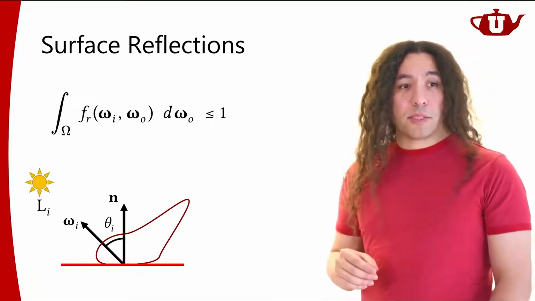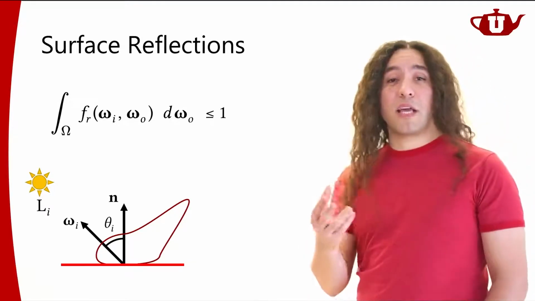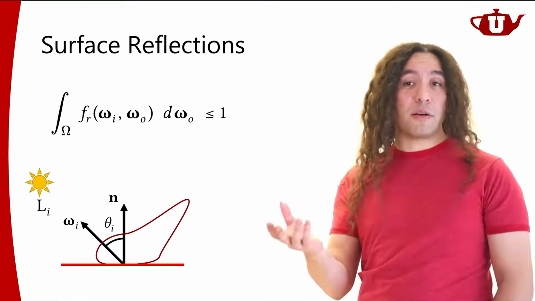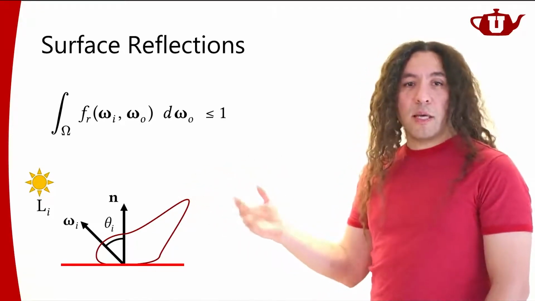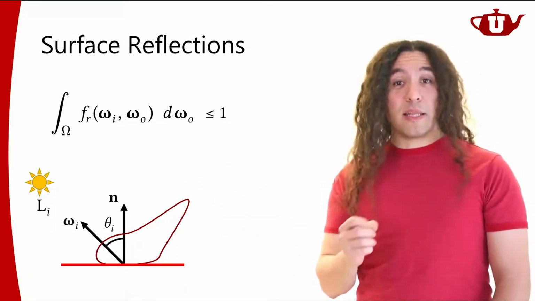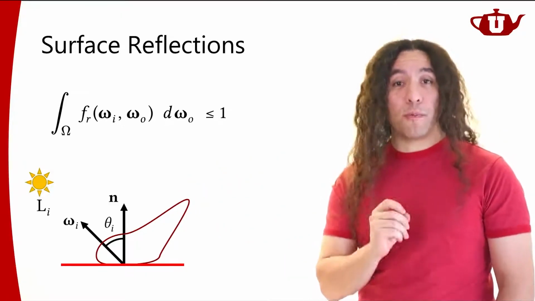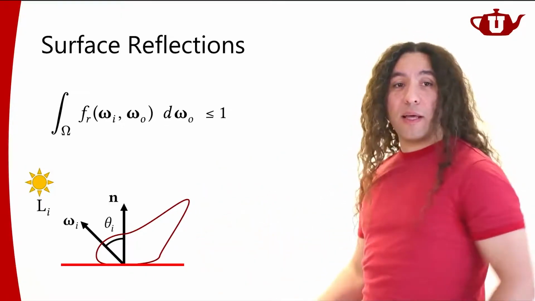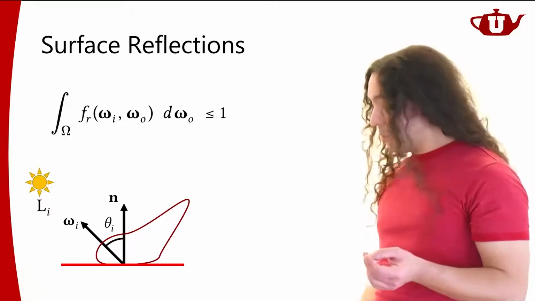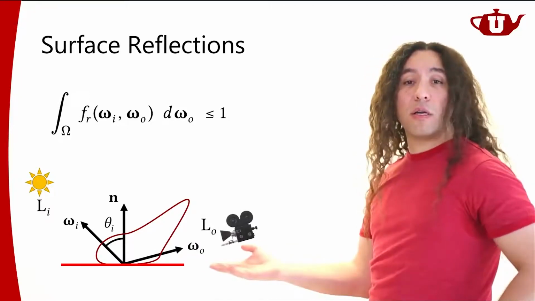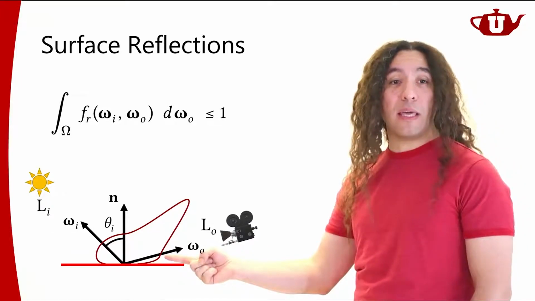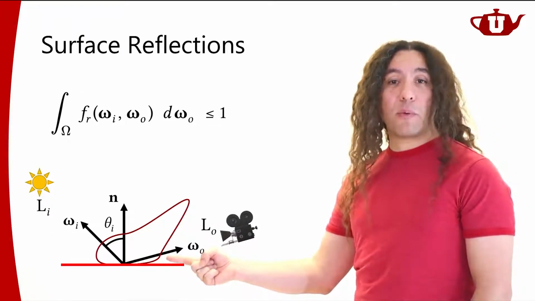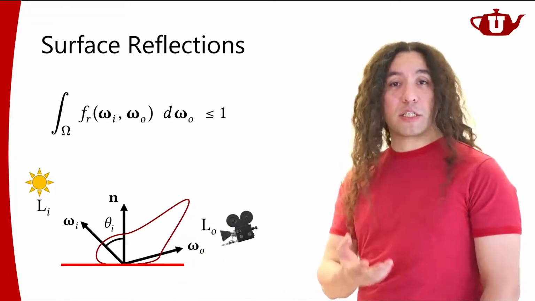A lot of times, when we're doing shading, for example, when we're doing a material, we're not generating this entire function, right? What we're interested in is just one value from this function. That one value is the value that corresponds to our outgoing direction. So we are just interested in this one value here. And that's what we're trying to compute when we're doing shading.